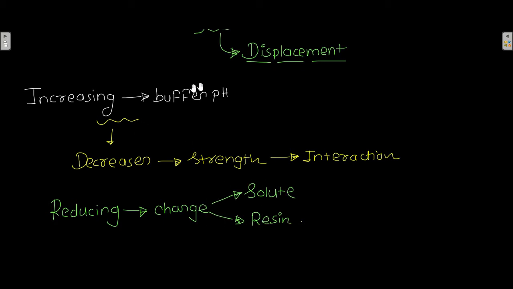If you increase the pH, there will be a reduction in their charges, and this will cause a decrease in the strength of the interaction between them. That is how you release the bound solutes during ion exchange chromatography.